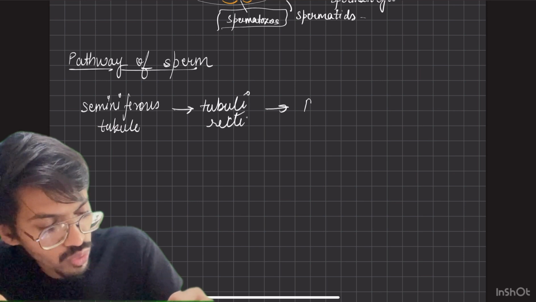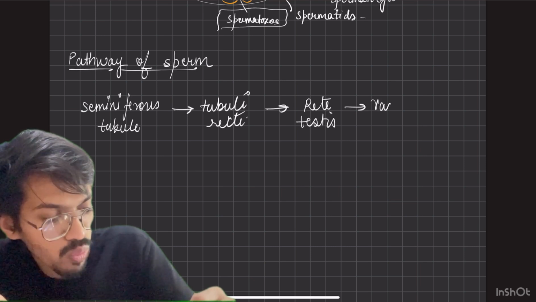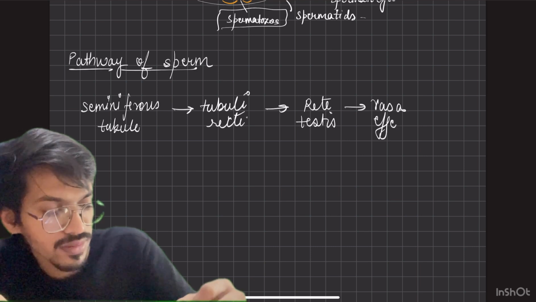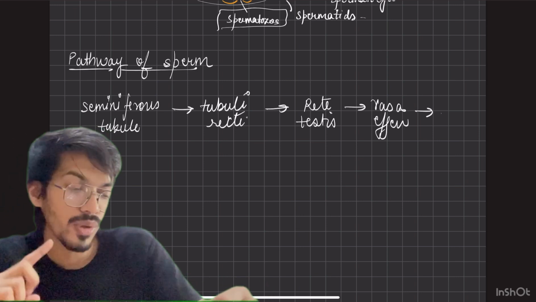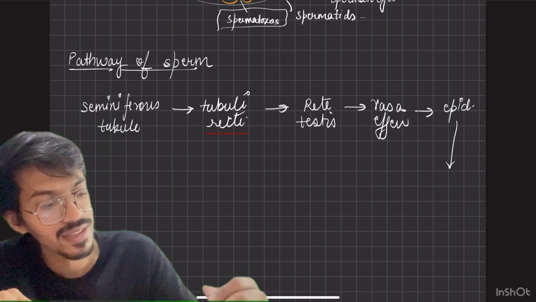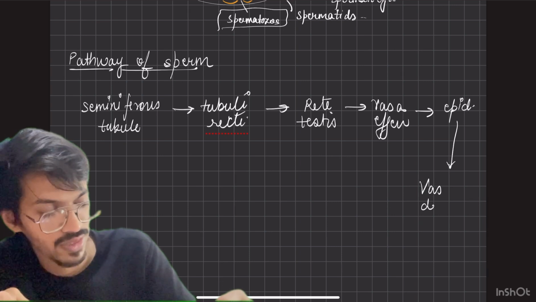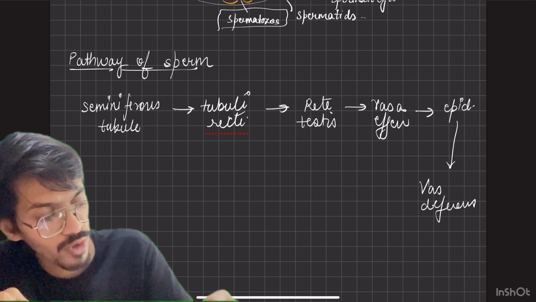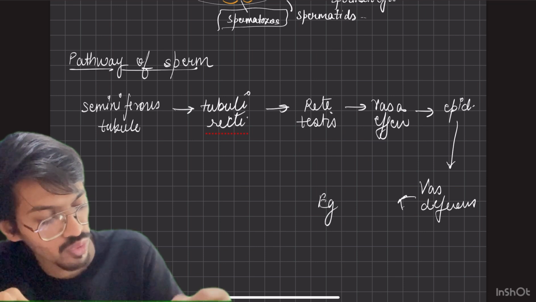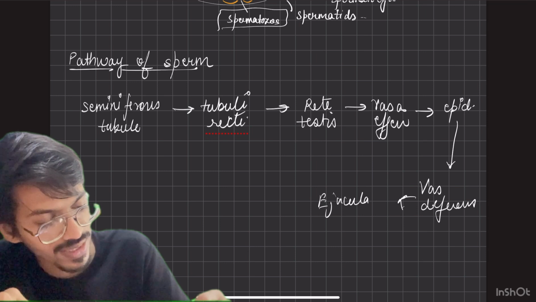Then it will go to the rete testis. Then it will go to the vasa efferentia. Then it will be released into the epididymis. From the epididymis, it will go to the vas deferens. From the vas deferens, it joins with the seminal vesicle to form the ejaculatory duct.